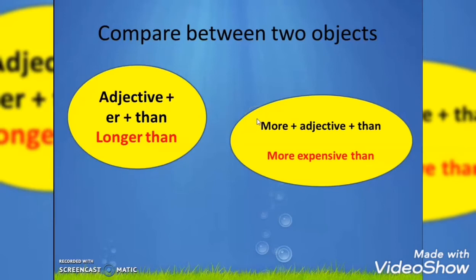But if the word is more than one syllable, like beautiful, interesting, expensive, wonderful, what can I do? I don't add er, so what should I do? I add more plus the adjective word, then the word than, like expensive, beautiful, interesting. These words are more than one syllable. Because they are more than one syllable, I add the word more before them.